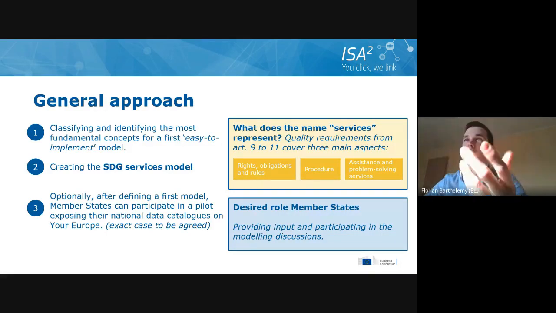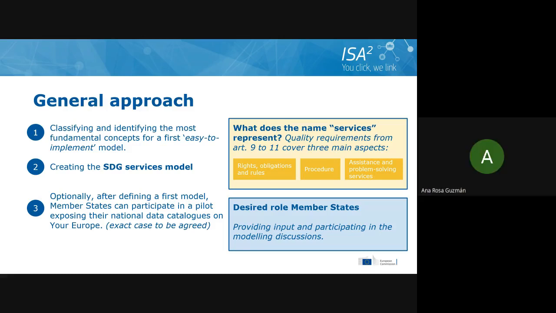And that's why we are also a smaller group, not involving all member states, simply because we are basically the people who say they are willing to develop such a model. But of course, I agree with you, Ana Rosa, we need to discuss what we understand by this model. And that's exactly what we'll do right after, is to say, okay, with which concept should we start? And then we'll make a proposition. And from this proposition, we can have discussions on what should be included or not within the model.